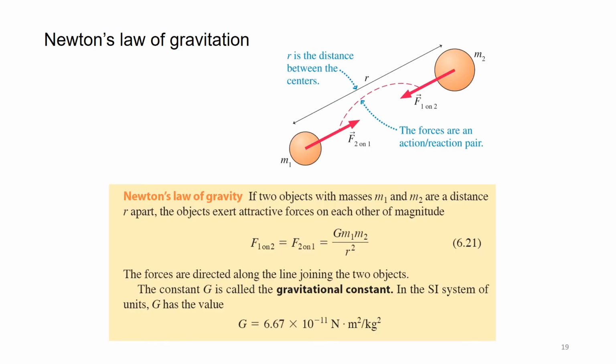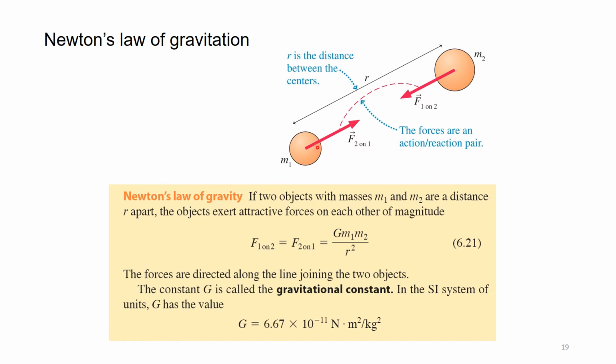Next we look at Newton's law of gravitation. Newton's law of gravitation says if you have two objects of mass m1 and m2 and the centers of the objects are separated by a distance of r, then the objects will attract each other with forces of gravity. You can see the two arrows in the picture. The two masses apply forces on each other.